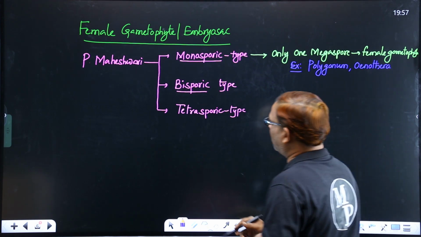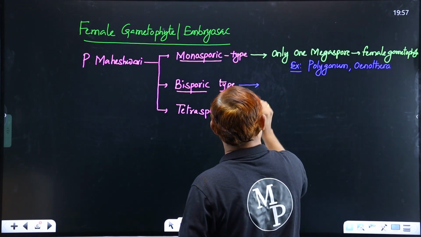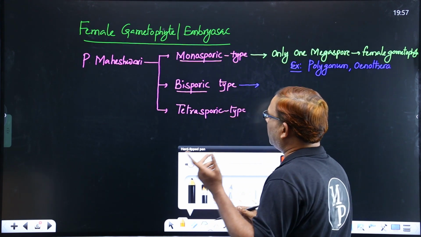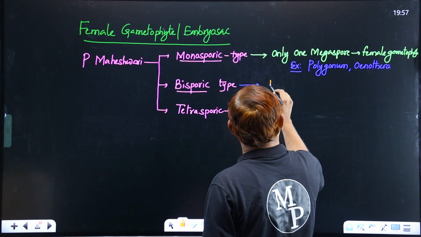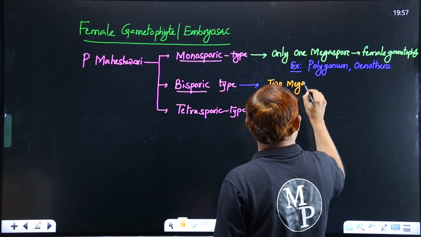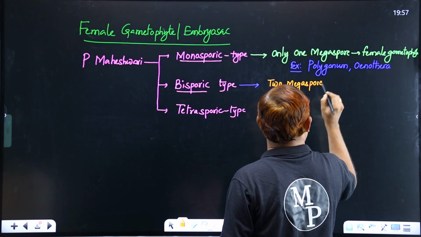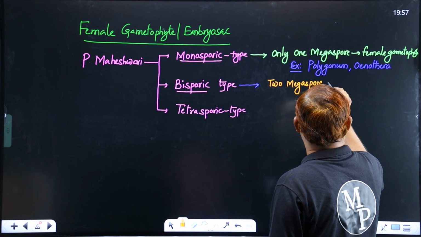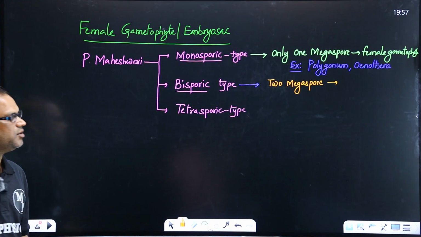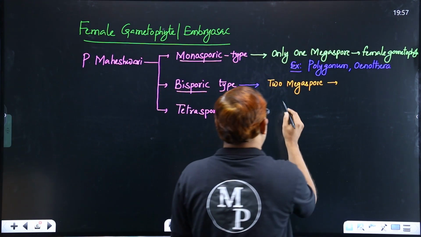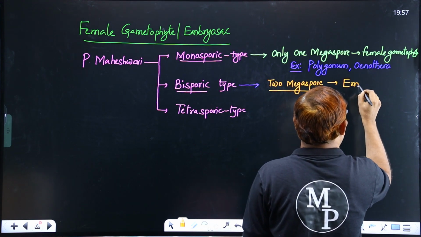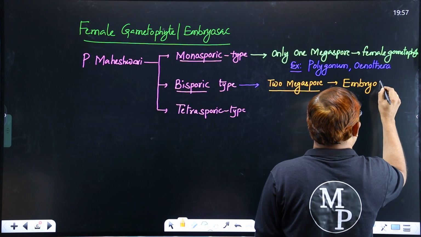Next, bisporic means what? Here bi means 2, so 2 megaspores are involved in the formation of the female gametophyte, also known as the embryo sac.